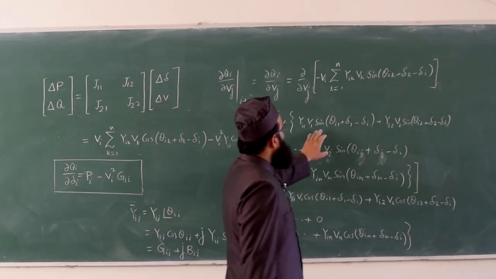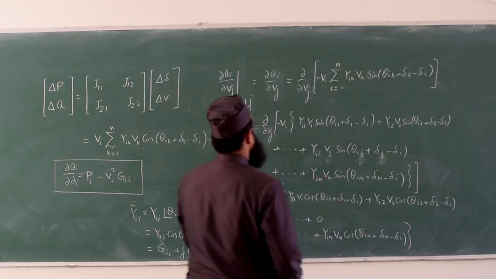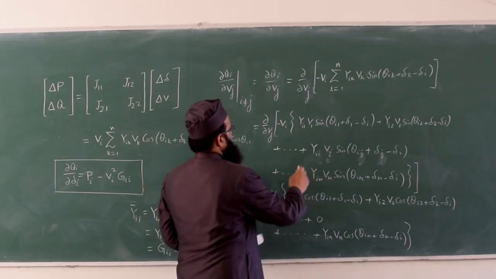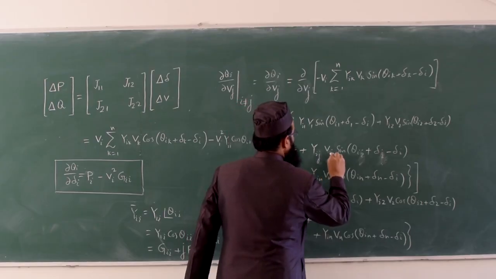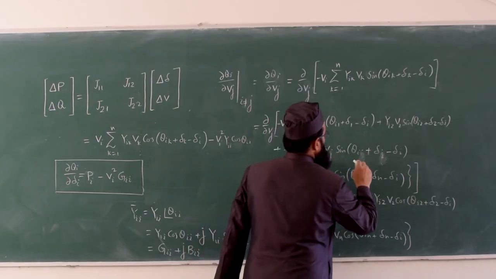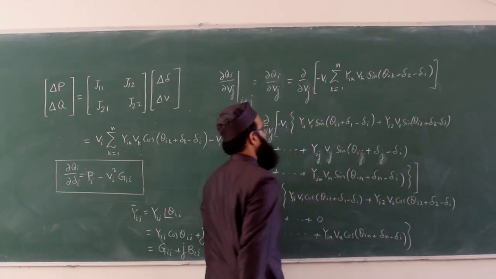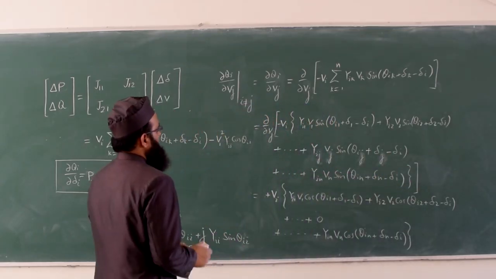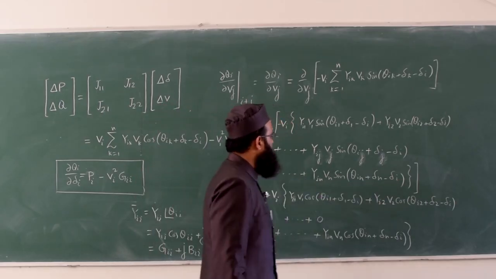So, the first term will be as it is, the second term will be as it is. Instead of the ith term we will write the jth term. So, that will be Yij Vj sine of theta Ij plus delta j minus delta I. And the nth term Yin Vn sine of theta In plus delta n minus delta I.